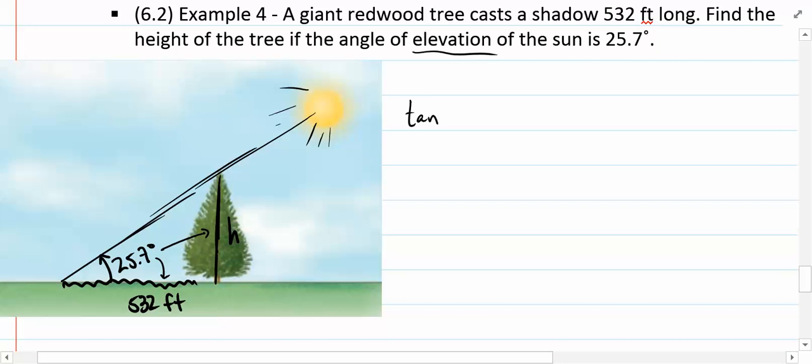Now, in terms of our tangent argument, we know the tangent of our angle measure, 25.7 degrees, must be equal to the opposite side over the adjacent. So opposite side is our unknown h divided by the adjacent side, 532. If I multiply both sides by 532, that will solve for h.